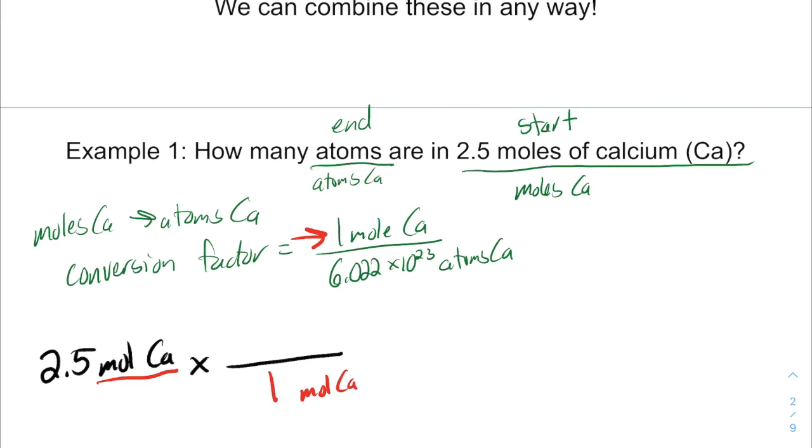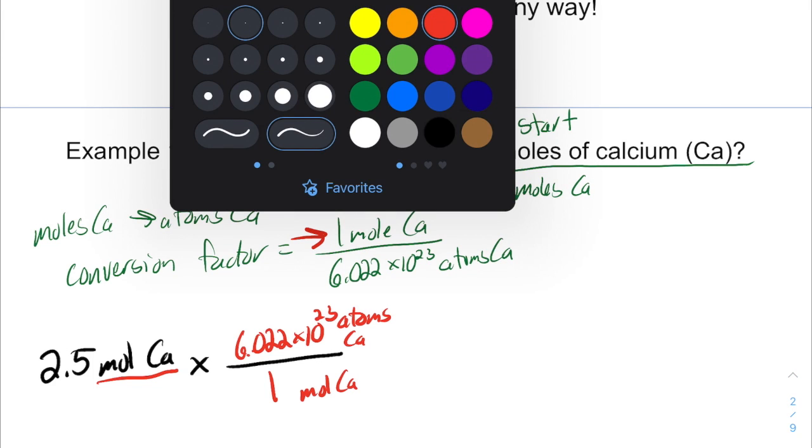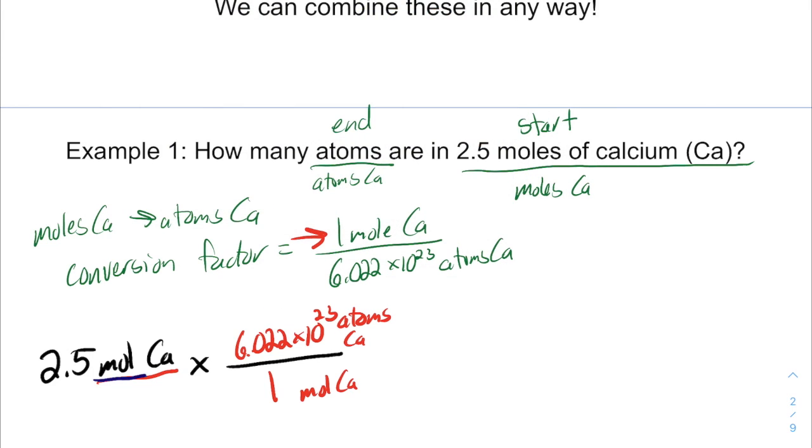And I'm going to put the 6.022 times 10 to the 23rd atoms of calcium on the top because we need to cancel units. Now I'm going to make sure before I do anything else that my units cancel. I have moles of calcium, 1 on the top, 1 on the bottom. I can cancel those out. And I'm left with atoms of calcium, which is what I wanted to end with.